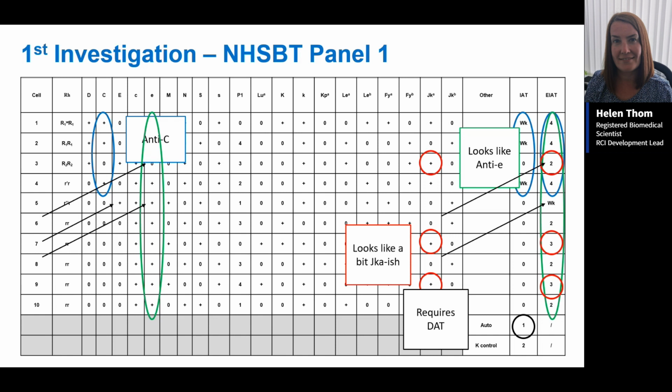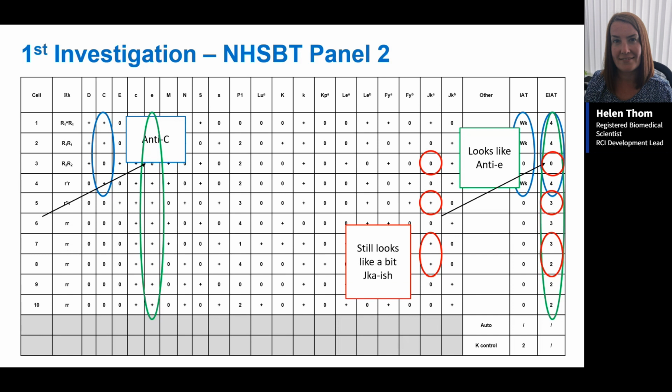The patient required a DAT because it has a positive auto; as I said previously, if testing the patient's plasma with their red cells is positive, you would do a DAT. And the hospital had already told us, through the clinical information, that the patient had a positive DAT.